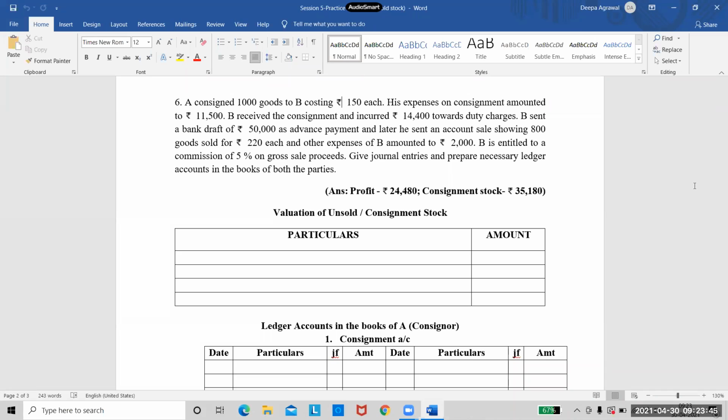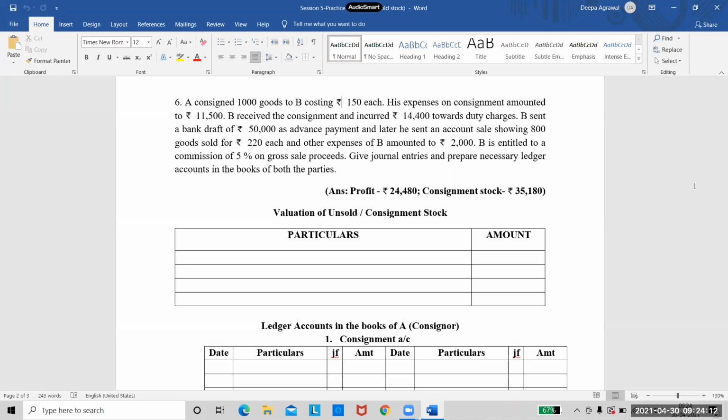Before going to the valuation, we need to remember that we have to differentiate between the non-recurring and the recurring expenses. The simple differentiation is: all the expenses incurred from the time goods have started from the consignor's godown till they have reached the consignee's godown or warehouse are all non-recurring.